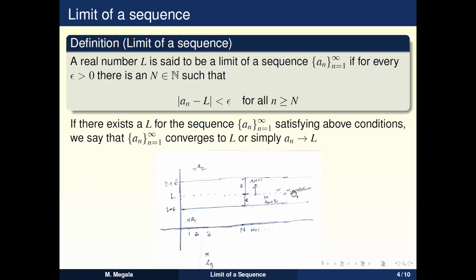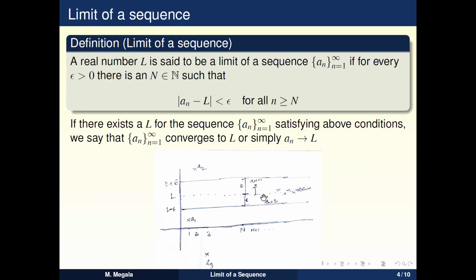The few I am taking will also be inside that neighborhood. This holds for every epsilon, because xn converges to L means this is happening for every epsilon.